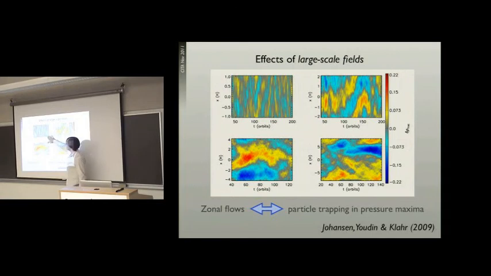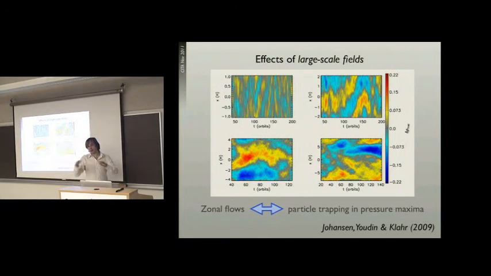In the smallest box, you just see sort of a bit of a mess. But then as you go to larger and larger boxes, you start seeing these coherent structures which actually sort of wander around radially, but have quite long lifetimes, maybe tens, maybe 100 local orbits. And there's a little bit of sort of preliminary evidence when you go to the largest. And so you go from sort of the first box, you see this, to one that's twice as large.